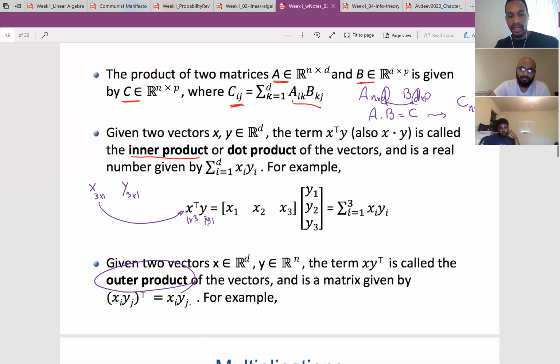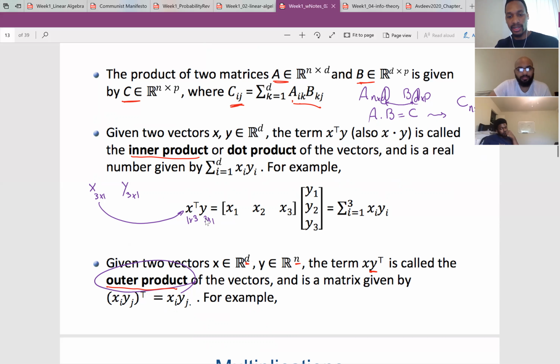Then you can do something called the outer product, where you take the transpose of the thing on the right side, Y. This gives you a D by N matrix. If they're the same size, it gives you a square matrix.